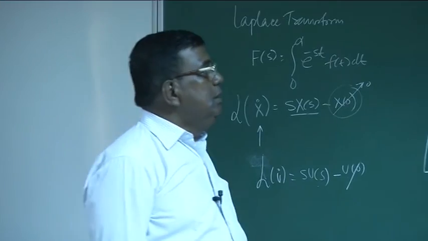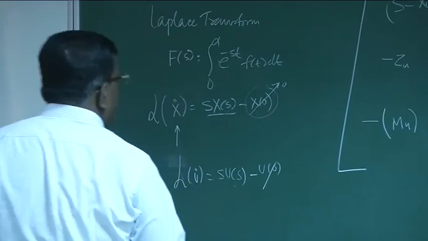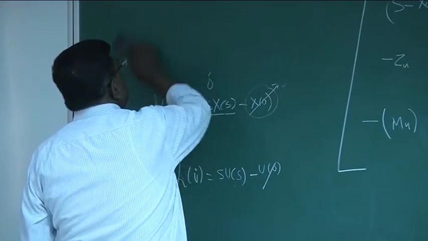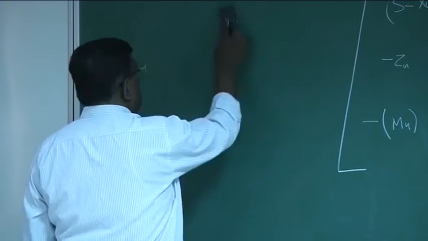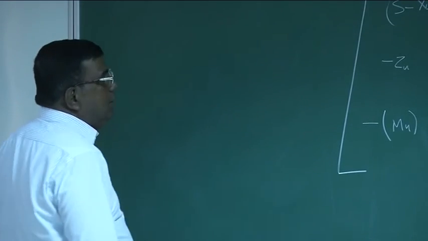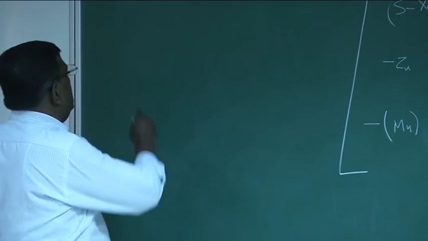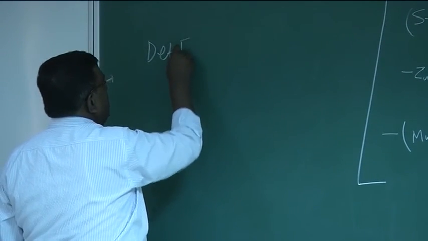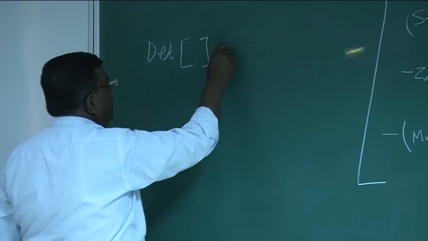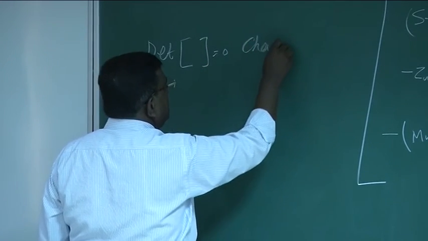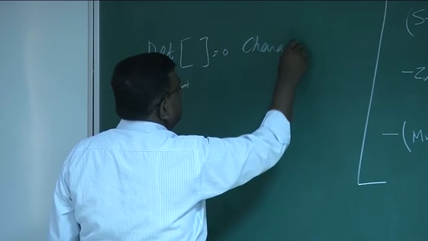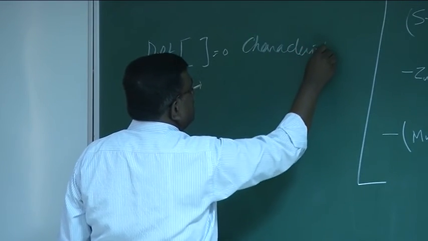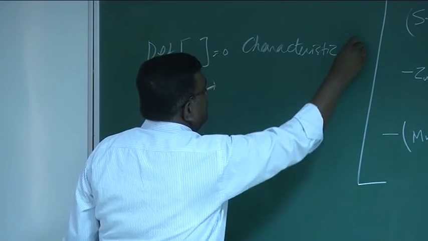So we'll do that, and if I now use our matrix understanding, I can find that the determinant of this matrix equal to 0 will give me the characteristic equation, right?